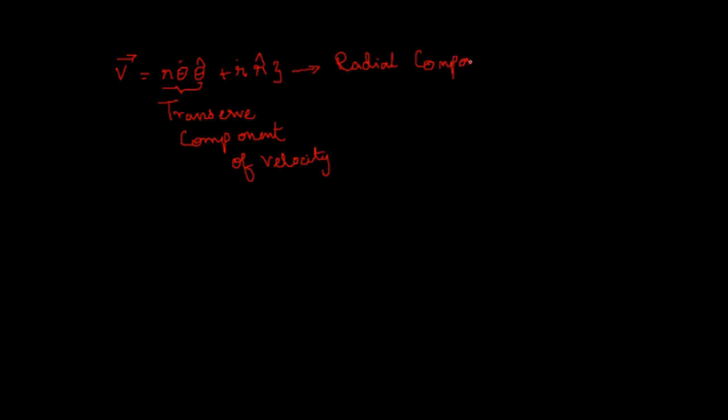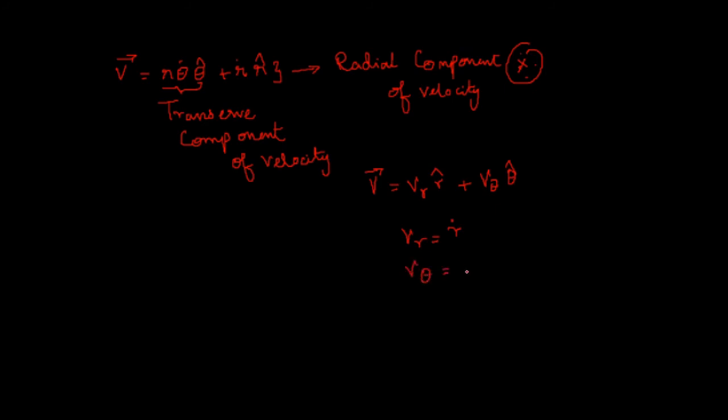This is the radial component of velocity. Right? So this is very important for your problems. Please do remember it. So let me write my velocity as v vector is equal to vr r cap plus v theta theta cap, where vr is nothing but r dot and v theta is nothing but r theta dot.